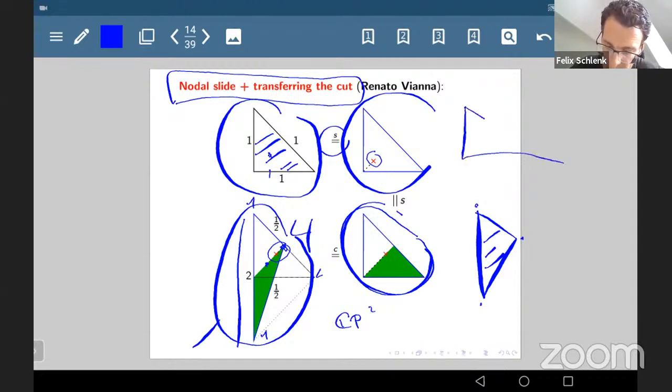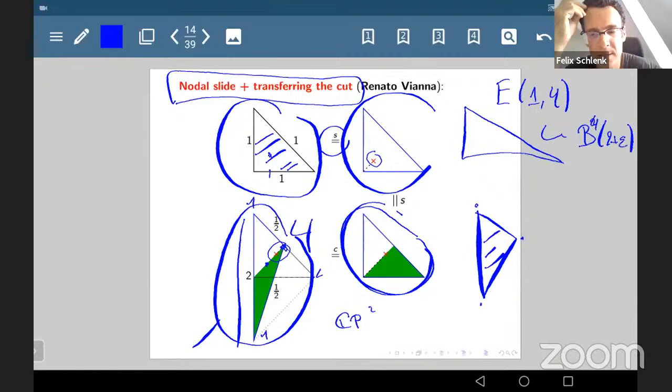For instance, this embedding of E(1,4) into a four ball of size 2 plus epsilon. It was constructed 20 years ago by some different technique by Opshtein, and it was a little sensation.